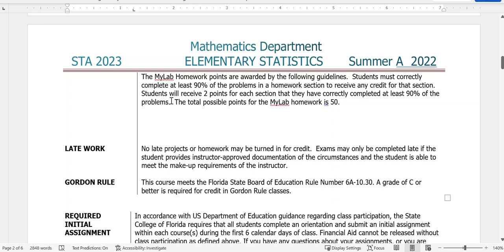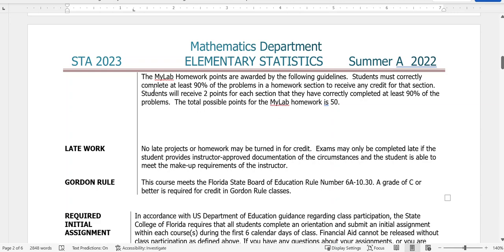Students must correctly complete at least 90% of the problems in a homework section to receive any credit. So if you go through every section in the course, doing 30 or 40% of the problems in each section, and you say, well, at least I get 30% of the points. No, you get nothing. You get 0.